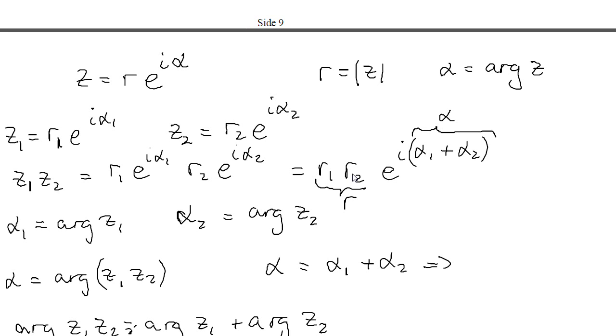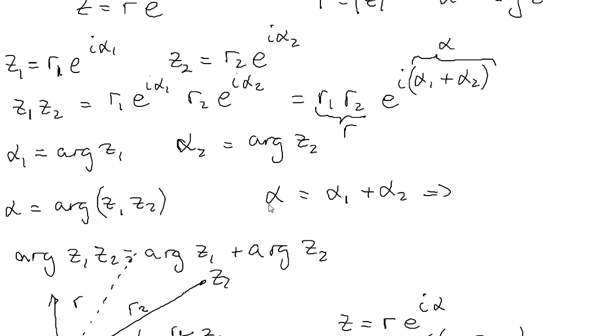So let's call the product of these two complex numbers z, which has absolute value r, which is this product, and we see that this can be multiplied with the exponential function of i multiplied with the sum of these two argument values.